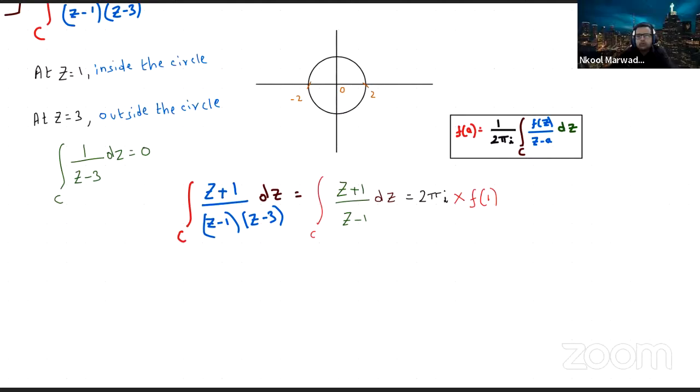No, one more step we have. Here a is equal to 1, and f of z is equal to z plus... So f of 1 will be 2.